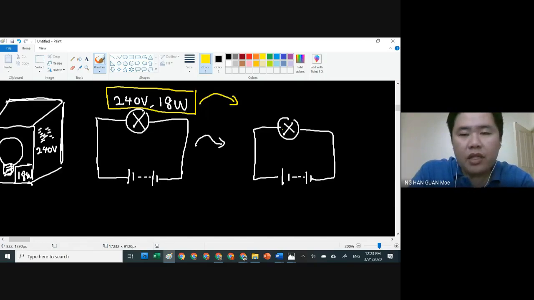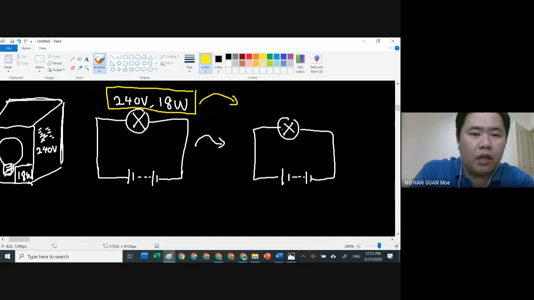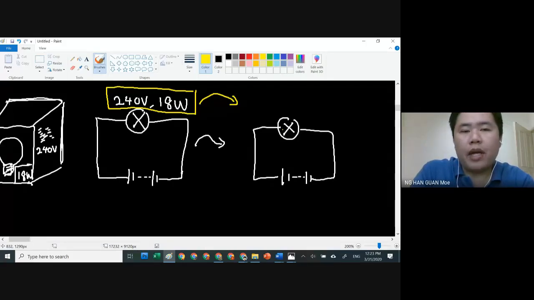So for this definition, if I do not supply 240 watt, then the energy consumed every 1 second will for sure change. I repeat again: this 18 joule per second, you will only get when you supply 240 watt. If the supply is not 240 watt, you will get either more or less electrical energy every 1 second.